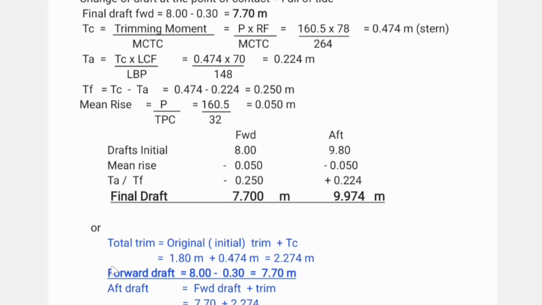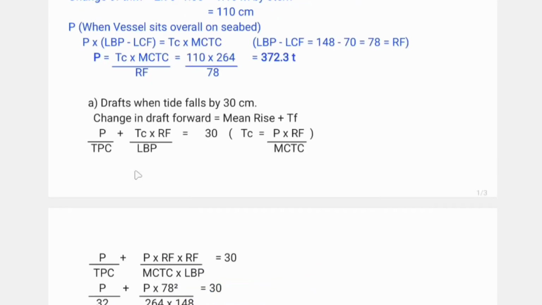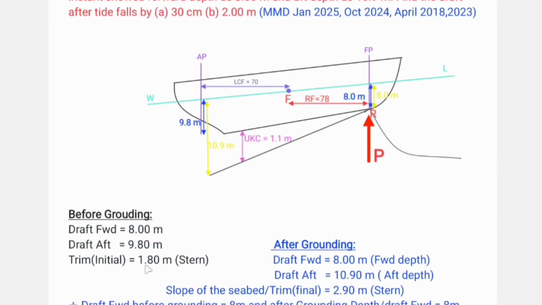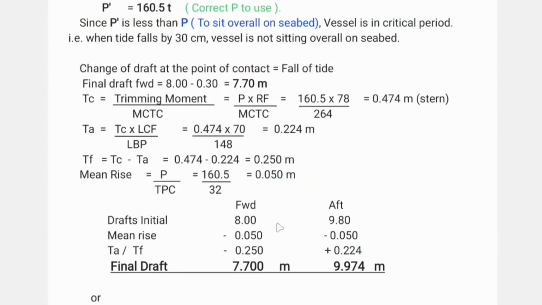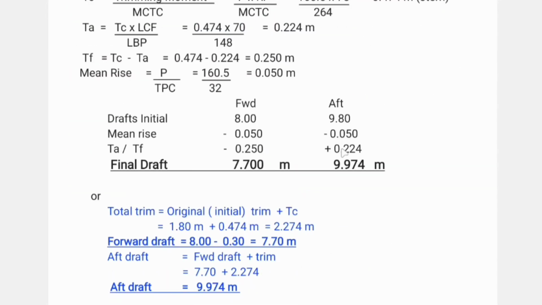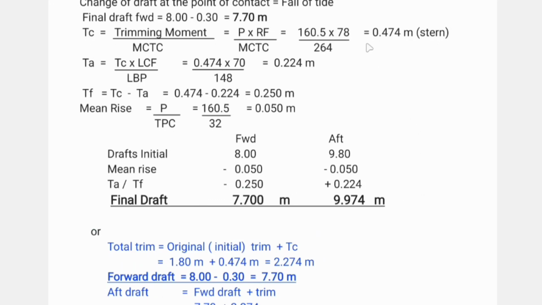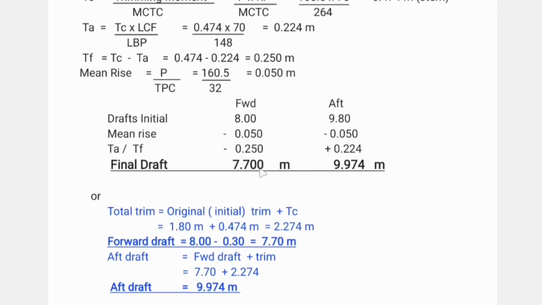Or we can calculate it this way also. Total trim is the original or initial trim plus TC. Original trim, that is before grounding, is 1.80 meter. The change of trim, or TC, when the tide falls by 30 centimeter is 0.474.